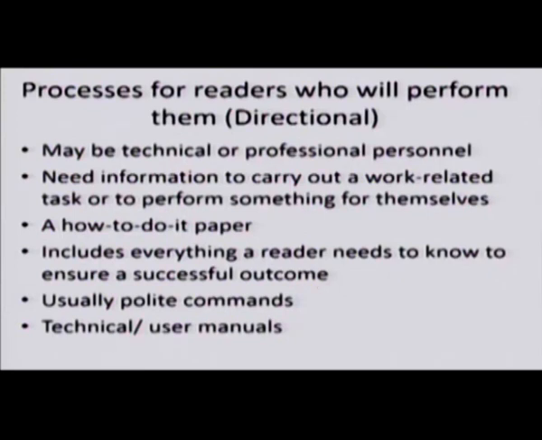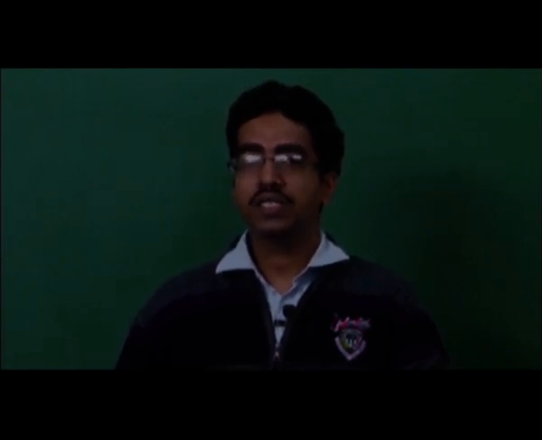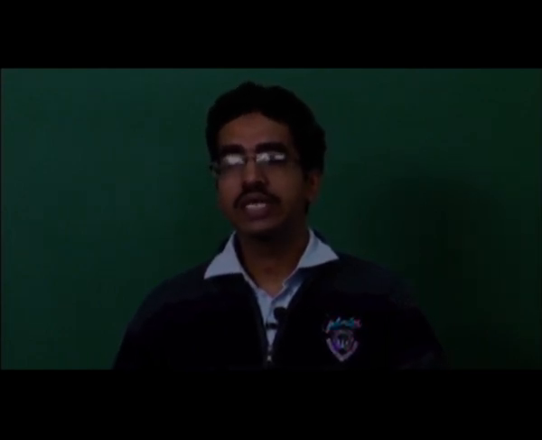If you leave out something and the reader is not able to get the intended result, then it creates issues. So, when you are writing a directional process analysis, you need to include everything. We will look at some examples, then this becomes clear.